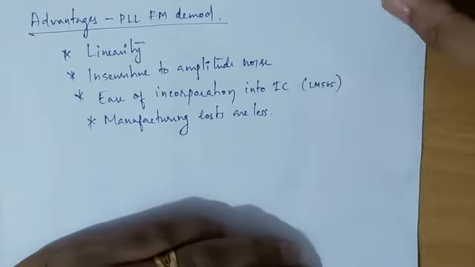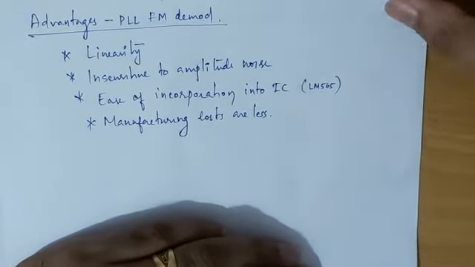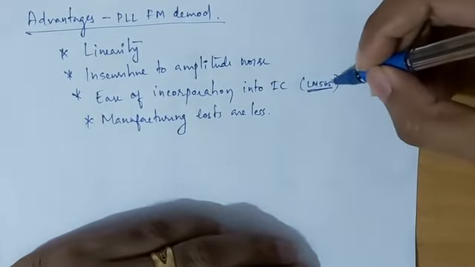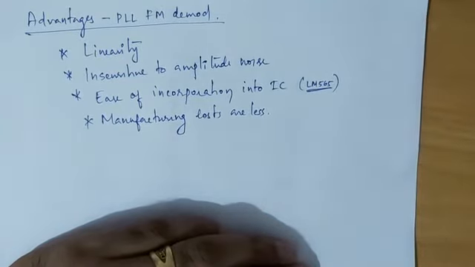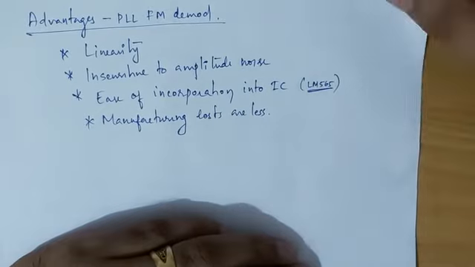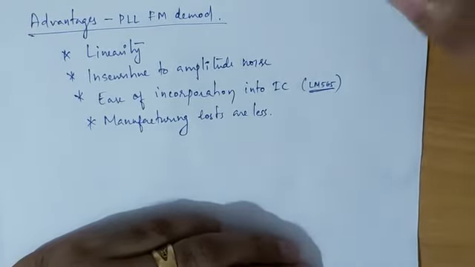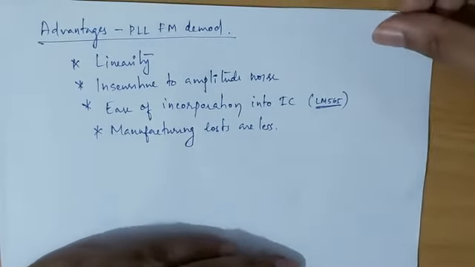The third one is ease of incorporation with ICs. We can have a PLL, the LM561, in IC form, which can be easily incorporated with other ICs, and it is highly applicable in different demodulation and communication techniques.